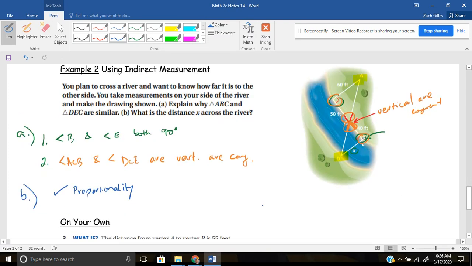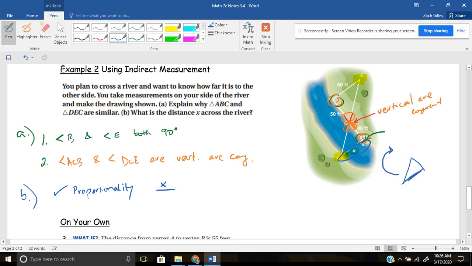So how can I do that? Well, I can say that the ratios of the corresponding side lengths in the similar triangles are equal. This missing side here, x, what could I say is the matching side on this triangle? Imagine that I took this triangle, the one that I'm crossing the river, and I turned it this way.